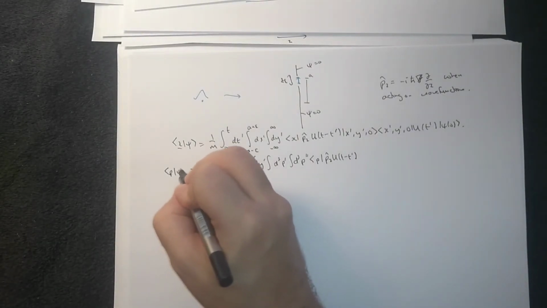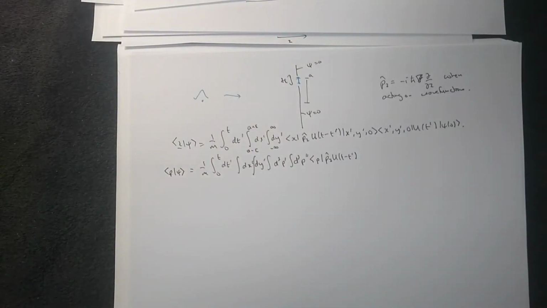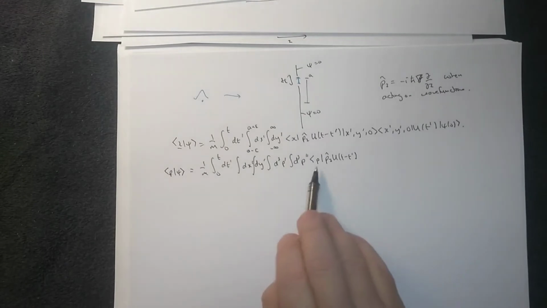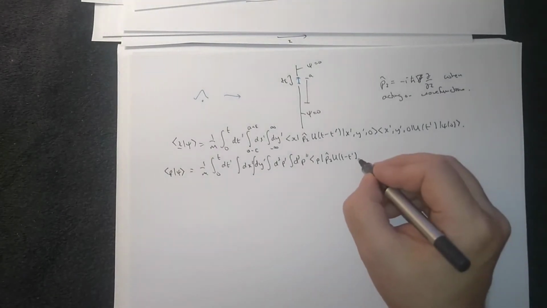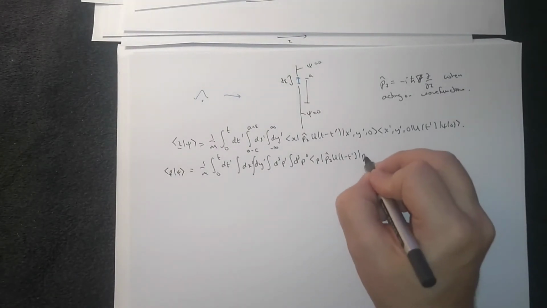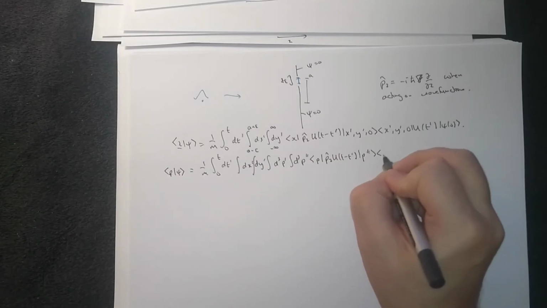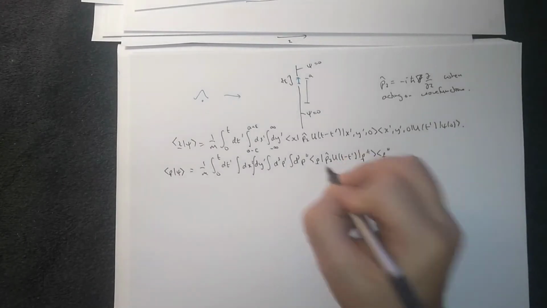Well, actually, I'm going to try and do the calculation to start with in momentum space. So instead of x, we're going to get p here. It just turns out to be a little bit easier to do it this way.